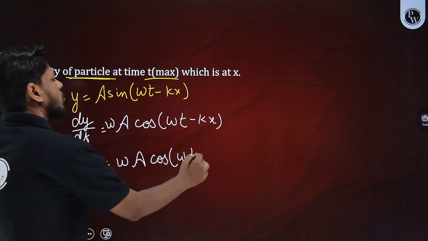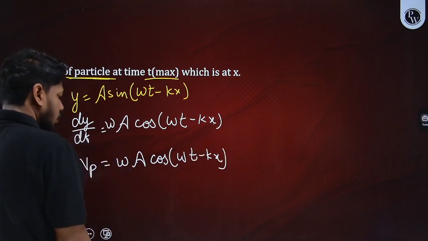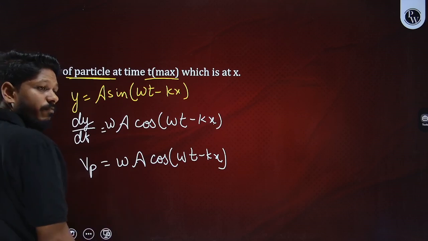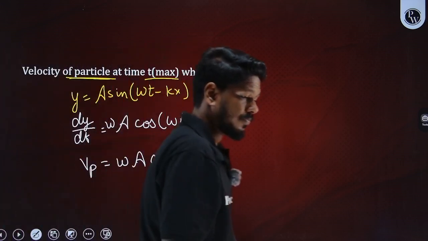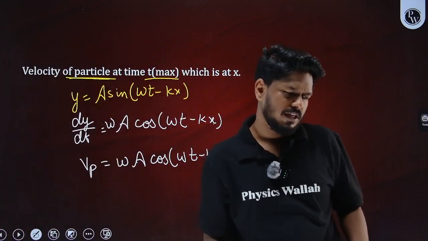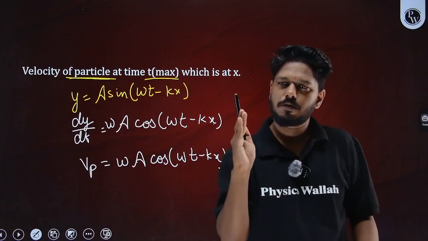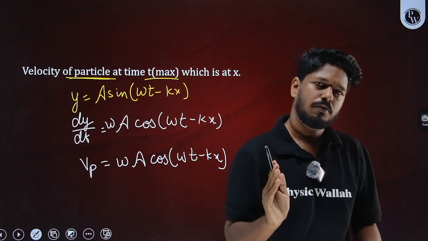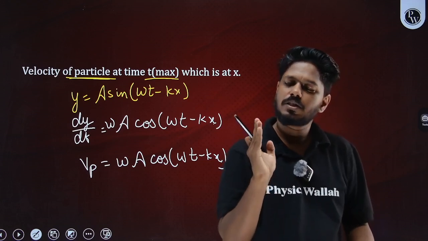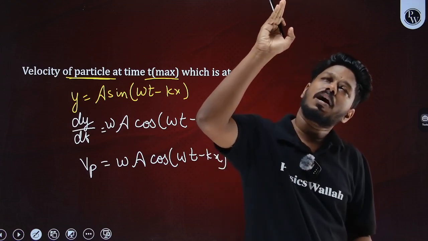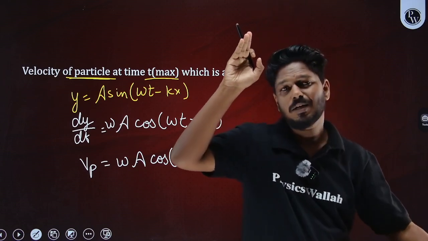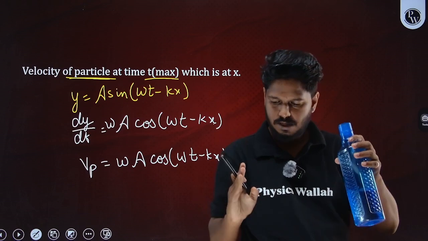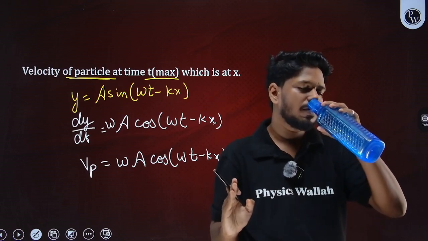So with respect to time, the velocity of particle will vary. How sir? See, if this particle is going up and down, as it is going up, at the top point the velocity of the particle becomes 0, then it will come down. At the bottom point the velocity of the particle becomes 0, then it goes up.